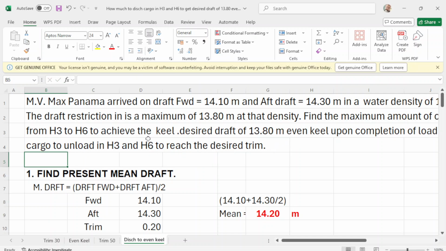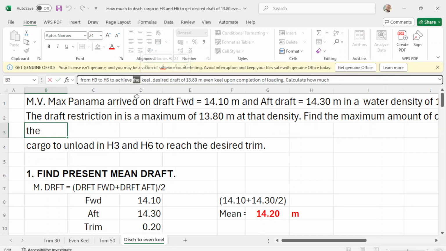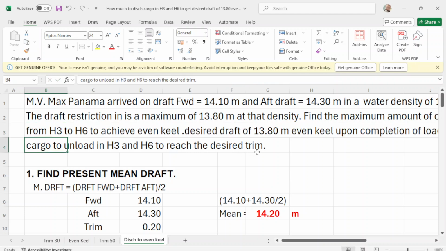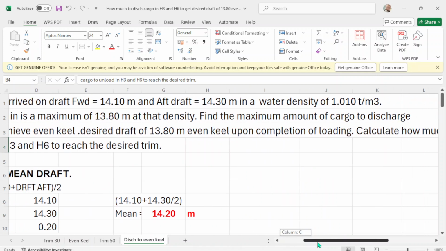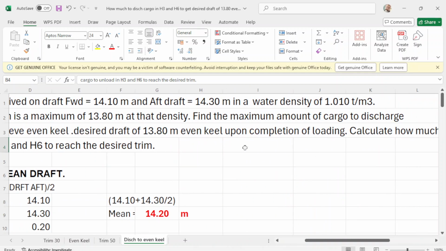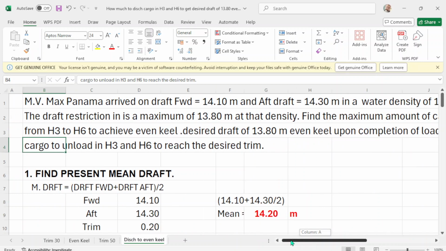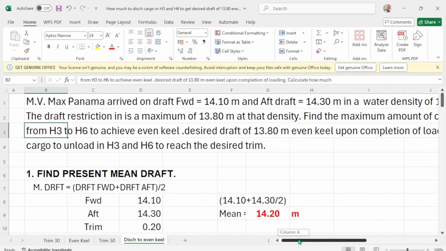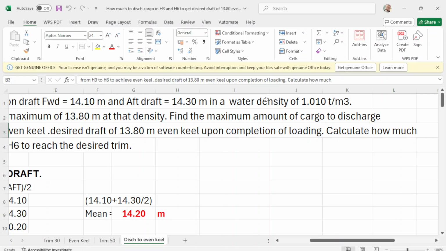To achieve even keel, desired draft of 13.8 meters even keel upon completion of unloading or discharging.